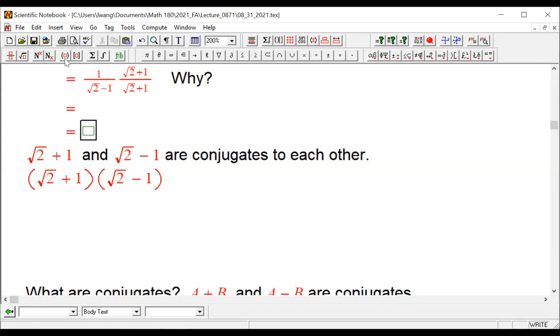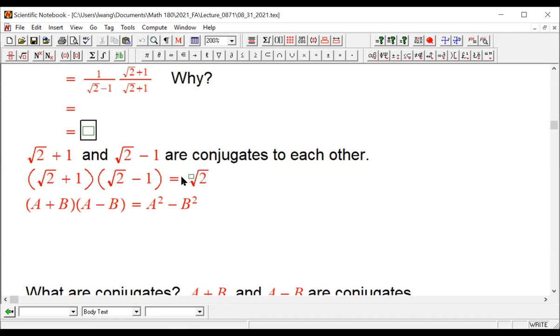Right? So we are in a situation of (a plus b) multiplied by (a minus b). And we can use that amazing fact, amazing truth in mathematics.